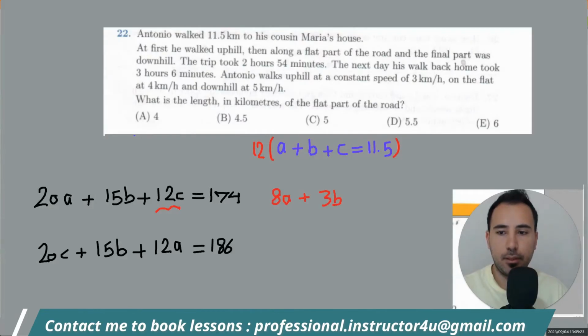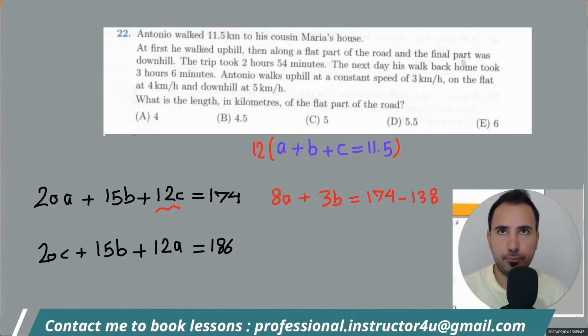Minus this, it will get rid of c. So here will be 174, minus 12 times 11.5. So it would be 23 times 6, 138.